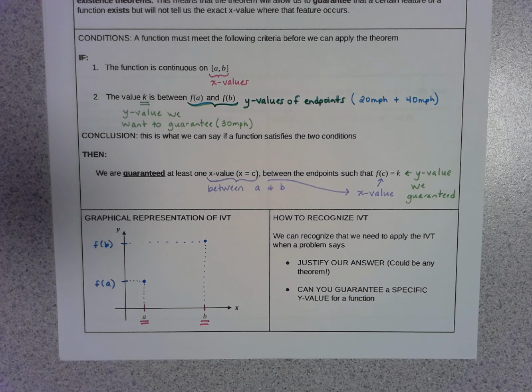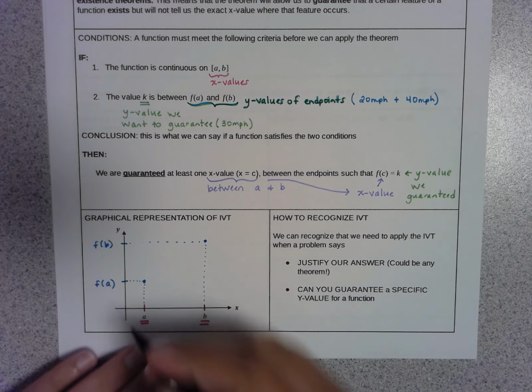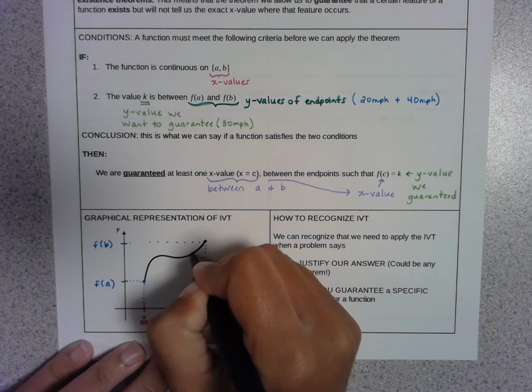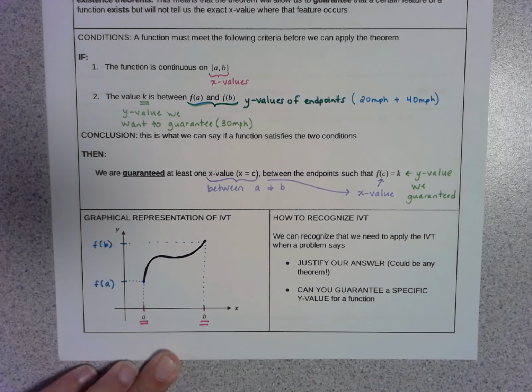Now, since our function is continuous, we cannot jump around. That means that no matter how many squiggles you put in here, you have to connect these 2 points. That's what it means for the function to be continuous.